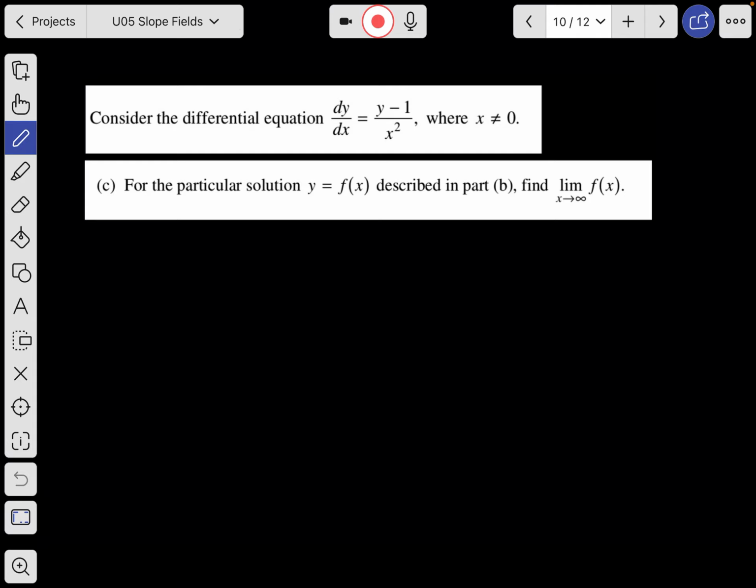All right, so find the limit. My equation was y is equal to 1 minus e to the (-1/x plus 1/2), and find the limit as x approaches infinity of this function.